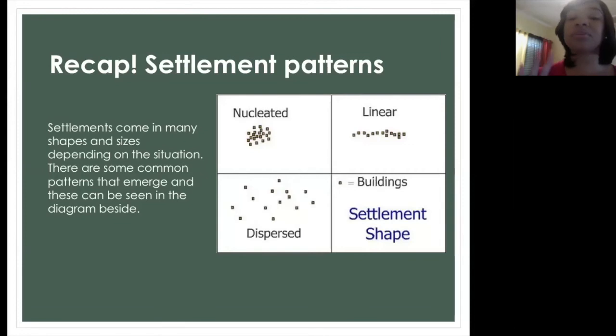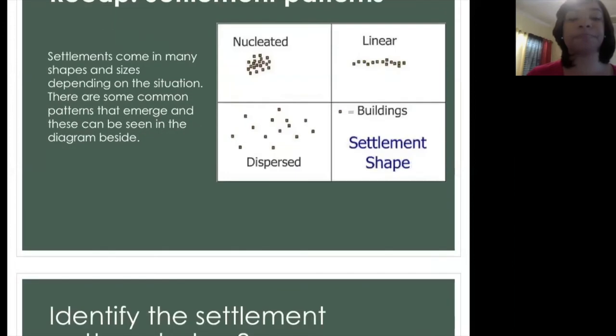So our three main types of settlement patterns are our nucleated settlements, where your buildings are more clustered together, your linear settlements that follow some roadway, a river, or even a coastal environment, and also your dispersed settlements, which are those buildings that are scattered over a farmland area.